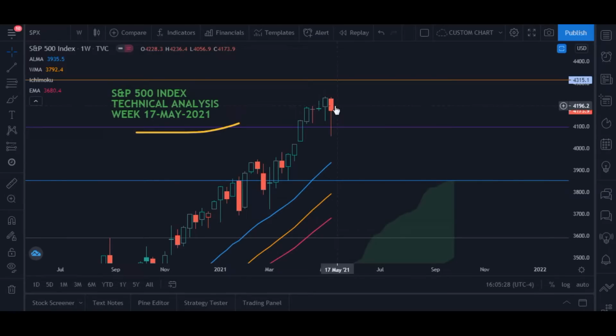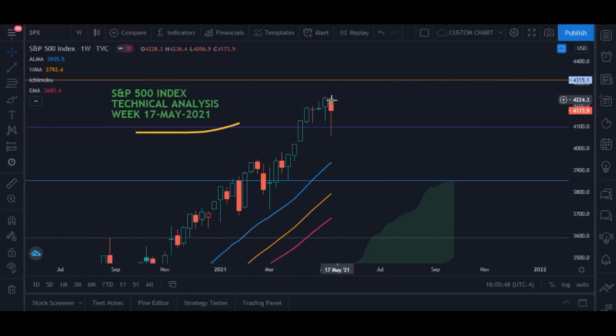This bearish hammer was formed because of the very heavy movement in the Dow Jones Index. Unlike the S&P 500, the Dow Jones is indicating a correction in the market and it is expected to fall.